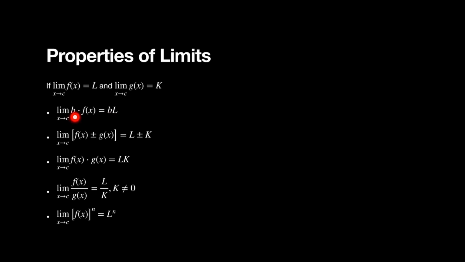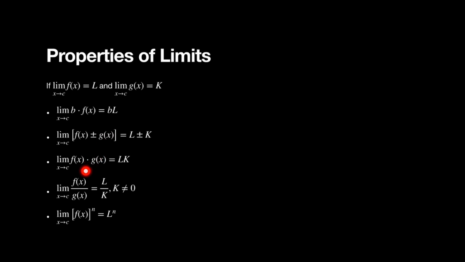So this is saying you take the limit of a constant times a function, you get the constant times the limit. The second property says if you take the limit of a sum or a difference of functions, you're going to get the sum or the difference of those limits. So in a sense, this is saying you can find the limit of each piece separately and then add or subtract them to find the limit of that sum or difference.